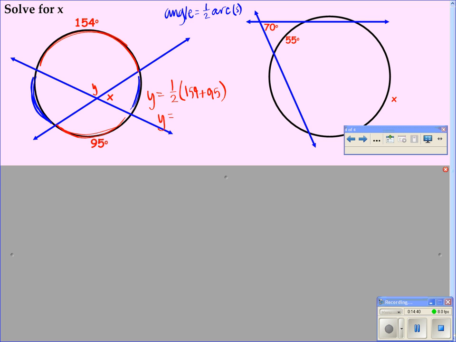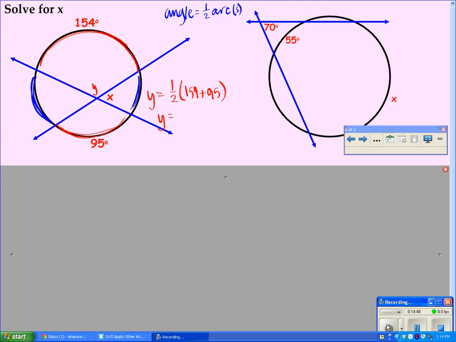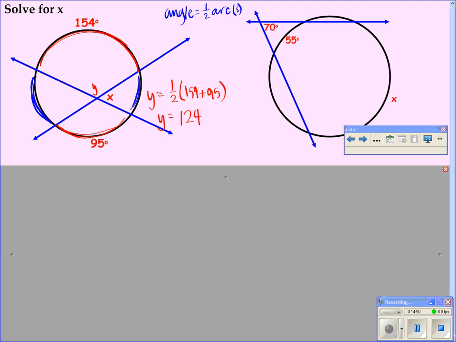Positive? I think so. Okay, so 124.5 would go right here, right?